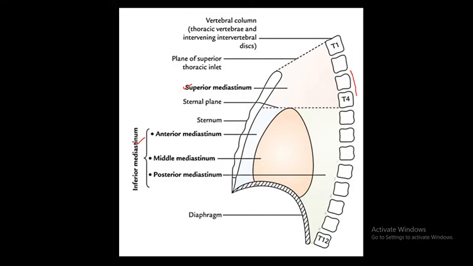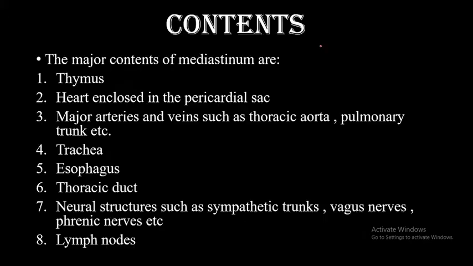Inferiorly it is bounded by the diaphragm. On either side it is bounded by the mediastinal pleura, and superiorly it is bounded by the superior or the upper thoracic inlet. These are the boundaries of the mediastinum.